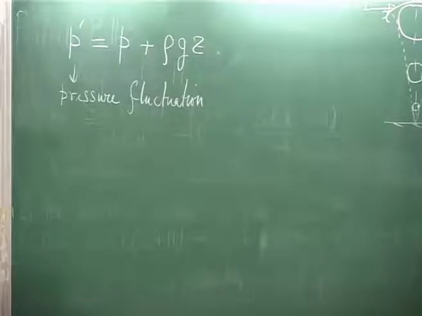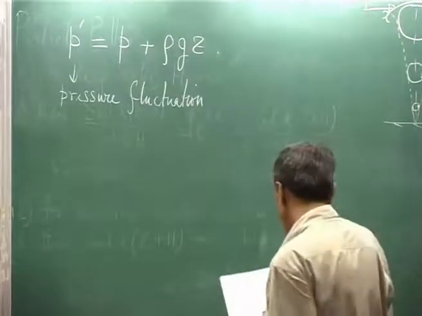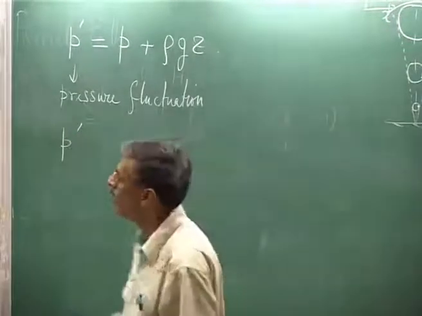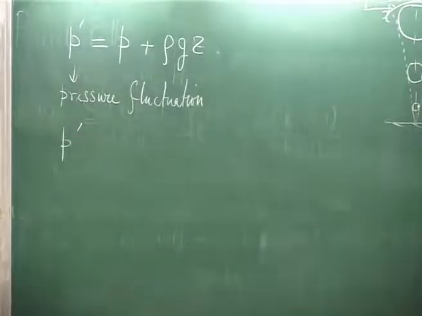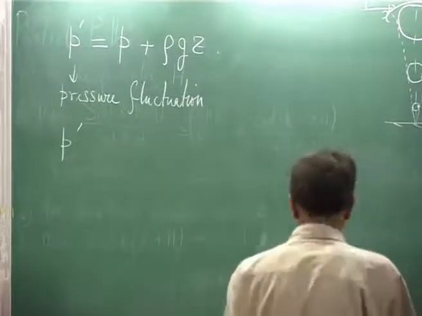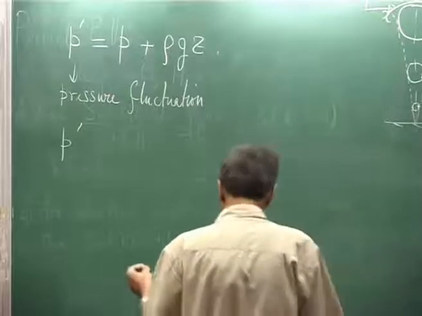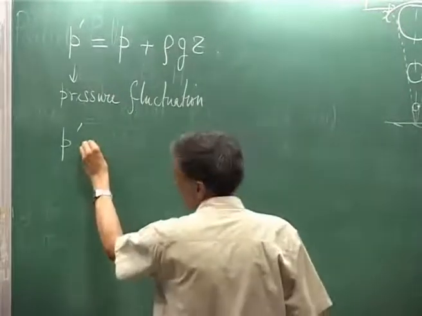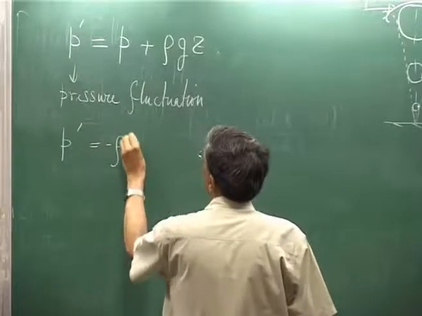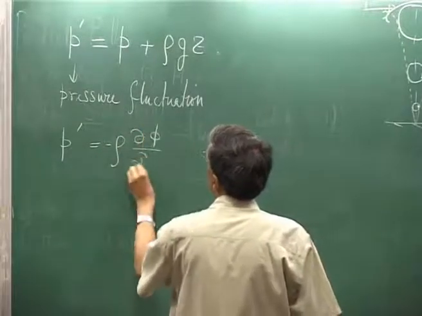So, it is easy for you to now see from here that these two together are going to give us P prime. So, that is what we are going to get: P prime by rho is equal to minus del phi del t. So, I will write this as this.